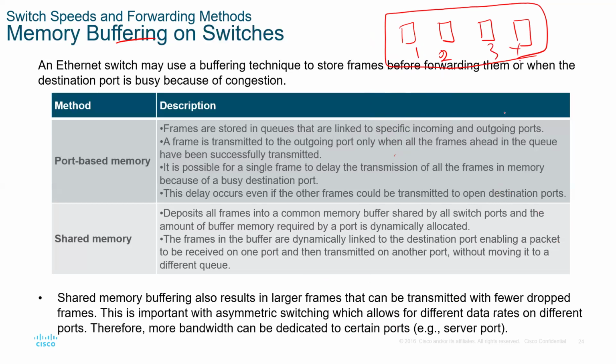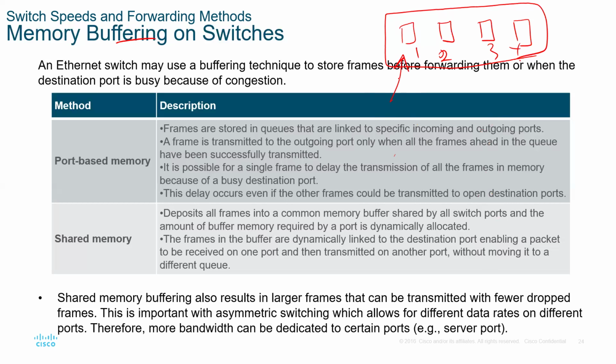So port-based, every port, it has a buffer. Frames received on a particular port are stored in the buffer associated to that port. So if I'm receiving frames on port number 1, memory per port, you don't store that information.